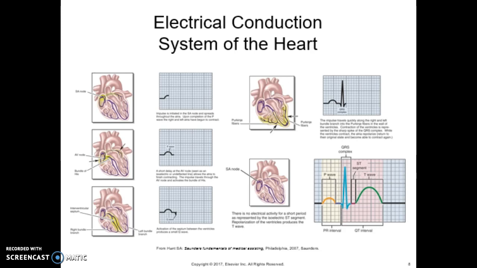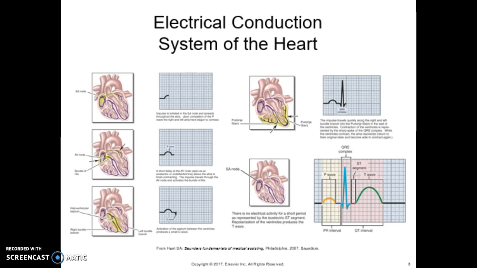Figure 25.2 shows the electrical conduction system of the heart. The sinoatrial, or the SA node, controls the rate of the heart contractions by initiating electrical impulses about 60 to 100 times a minute.